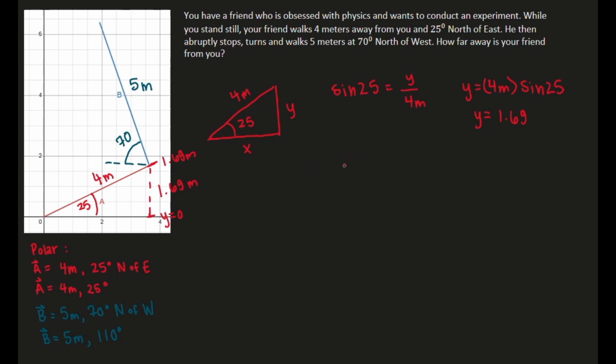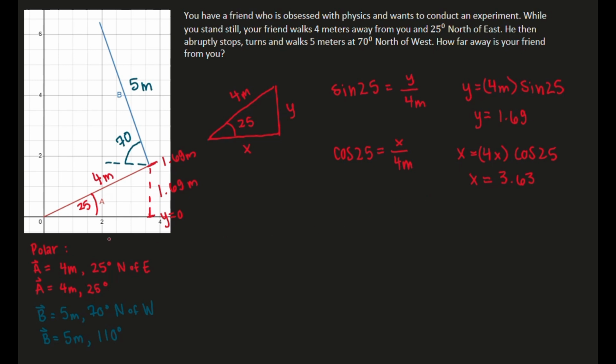And subsequently, I can use cosine of the 25 degrees, which is the adjacent over the hypotenuse, so in this case, the x value over that 4 meters, rearranging it to solve for x, and find out what that x distance is. I get something like 3.6. We'll round to the second decimal and get 3.63.